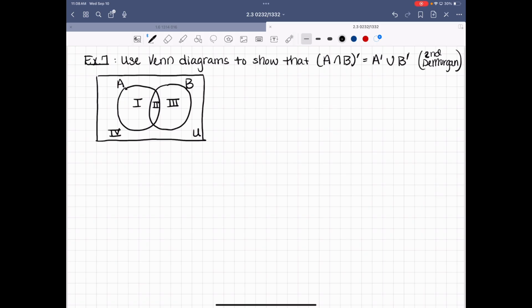We'll start off with A intersection B. Can you tell me who's in A intersection B? 2. Yeah. So then who's in A intersection B complement? Everything that's left. 1, 3, and 4, right? 4.